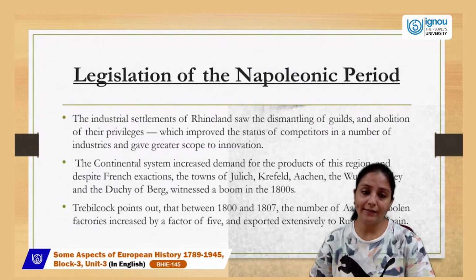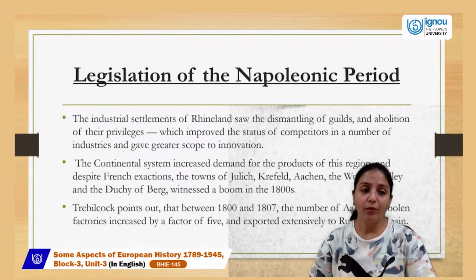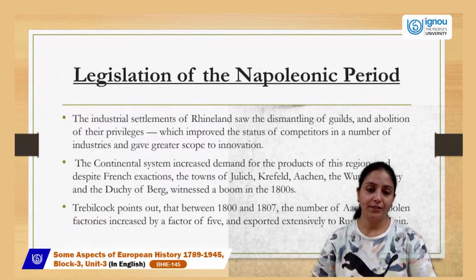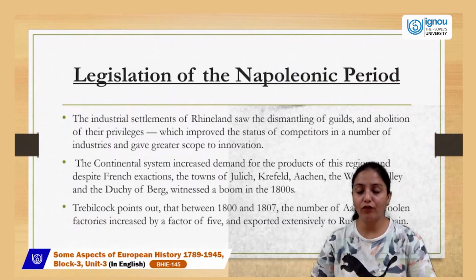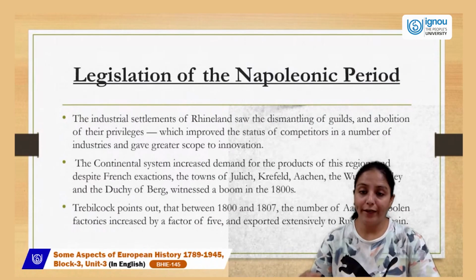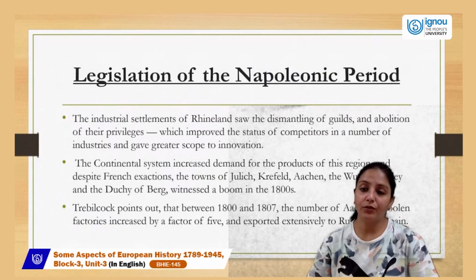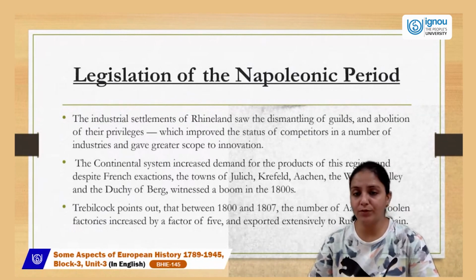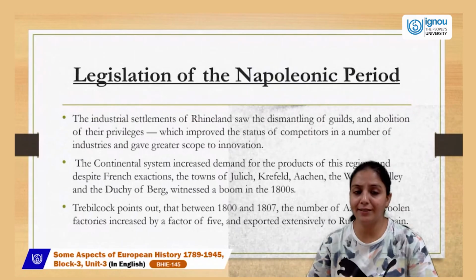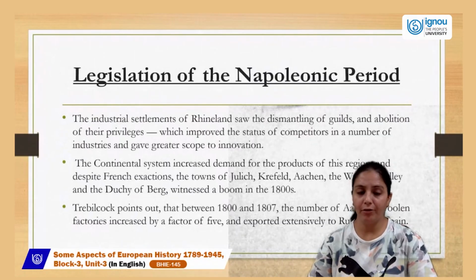But the industrial settlements dismantled the power of guilds and abolished their privileges, which improved the status of competitors in a number of industries, and they gave greater scope to innovation. They innovated their ideas. The competitors were facing problems, and they were solving their problems in maintaining their industrial settlements in that particular area.